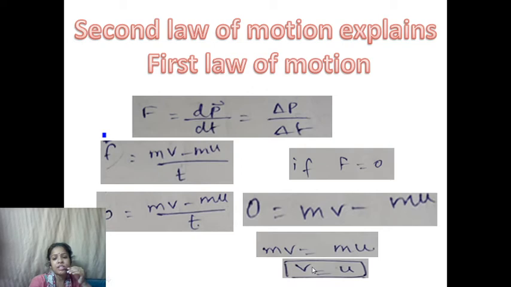So your final velocity is equal to initial velocity. That means if initially the object is at rest, finally also it will remain at rest. If initially the object was moving with some velocity in a direction, the same velocity and direction will continue in the final velocity. So there is no change in state of motion if external force is 0. This is what the first law said. So using the second law we can prove the first law.